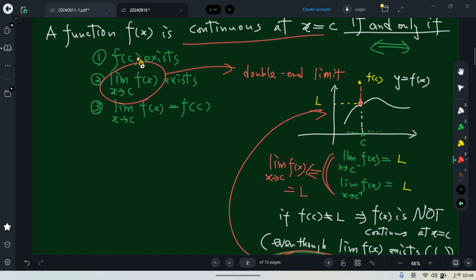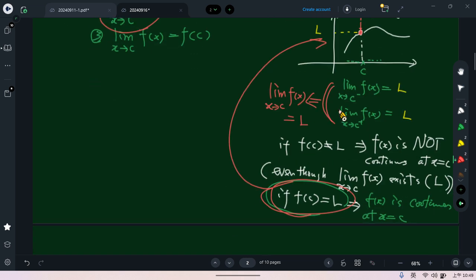Check if the function is defined at x equal to C. Check if the limit as x approaches C of f of x exists, and finally check if these two values are the same. Then after passing these three rules, you can say f of x is continuous at x equal to C.